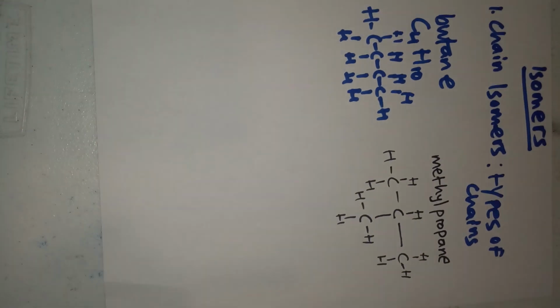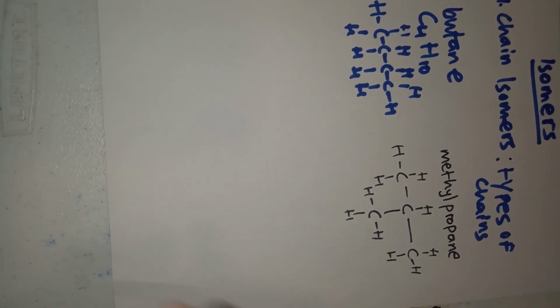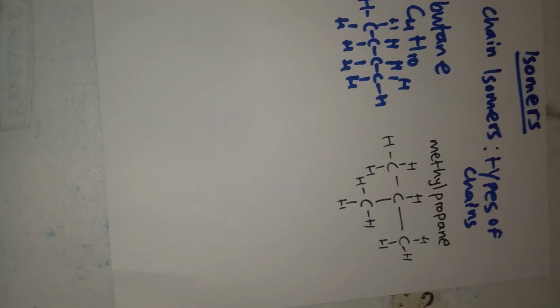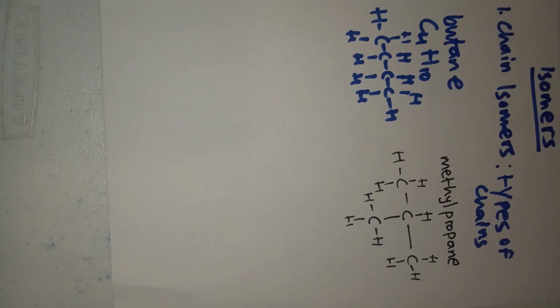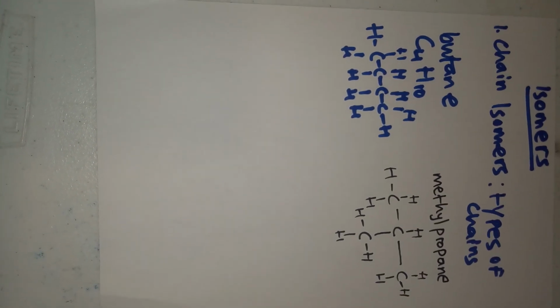So the more the carbon atoms in the molecule, the greater the number of different branch structures that can be formed. Is it fine? So now maybe you have a hydrocarbon with maybe 5 carbon atoms. Okay, so now that will have 3 chain isomers.